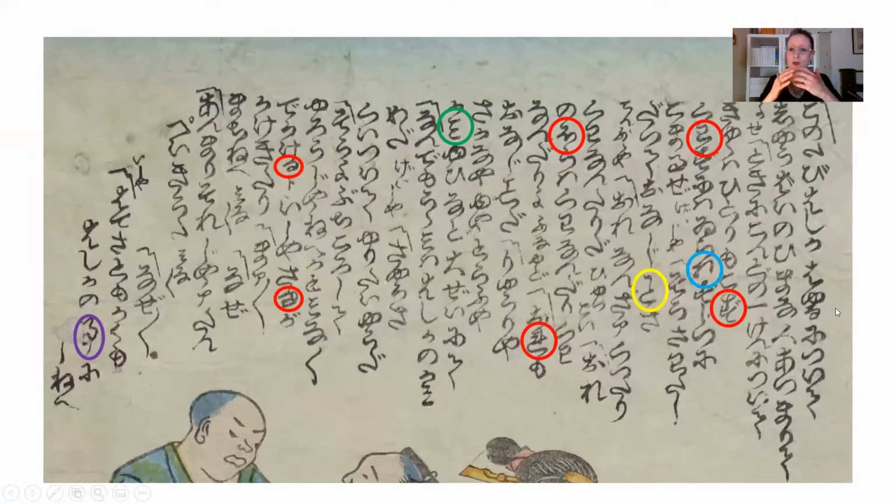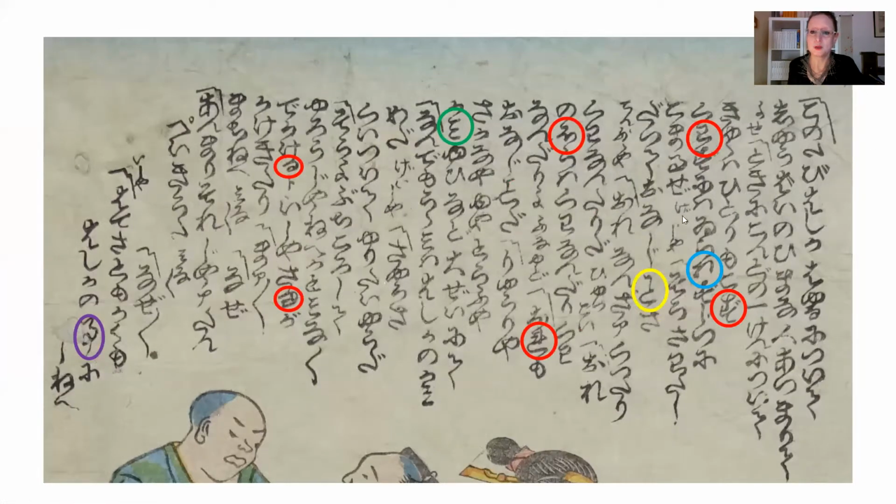So now what I ask you to do is to work yourself on the rest of the text. Do refer to this image where I have circled in red the kana variants that you do not know.